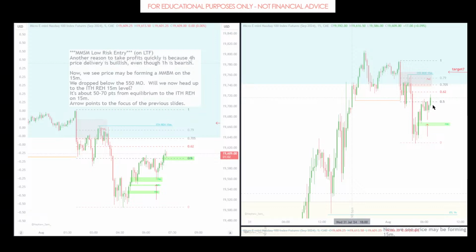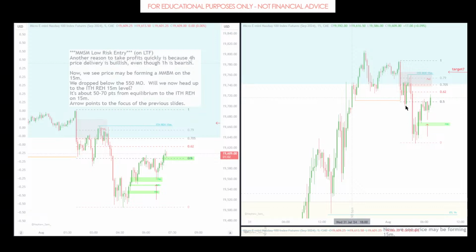Right, so now looking back to 15-minute, what first looked like we were going to come down into a market maker sell model, we may have gotten a small scalp over there, but now the question is, are we coming back up to the intermediate term high, relatively equal highs up over here on the 15-minute, up inside the SIBI? Are we going all the way back up there, or are we just going up maybe to optimal trade entry to the bottom to retest this SIBI over here?